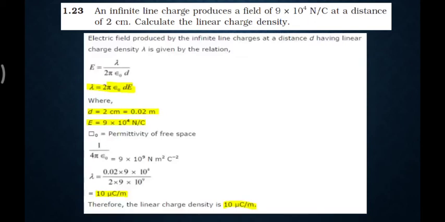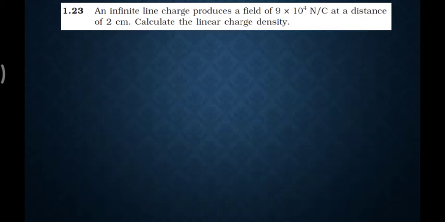Okay, what we have to find first of all: an infinite line charge produces an electric field. The electric field is given at a distance, and the line charge density lambda we have to find. Earlier I said lambda is equal to charge upon length. It means 2 centimeter, but the charge is not given.